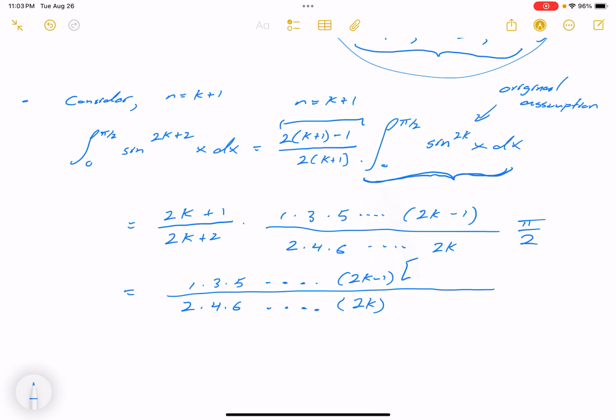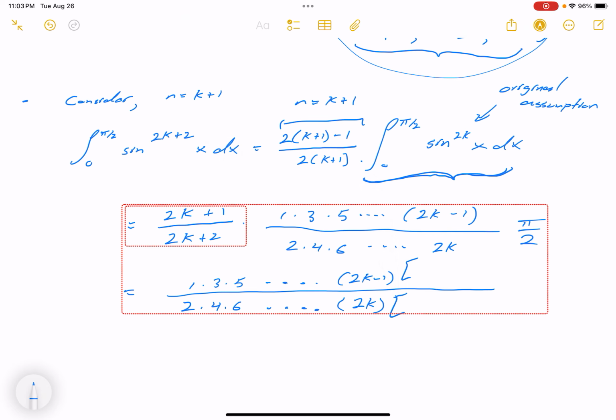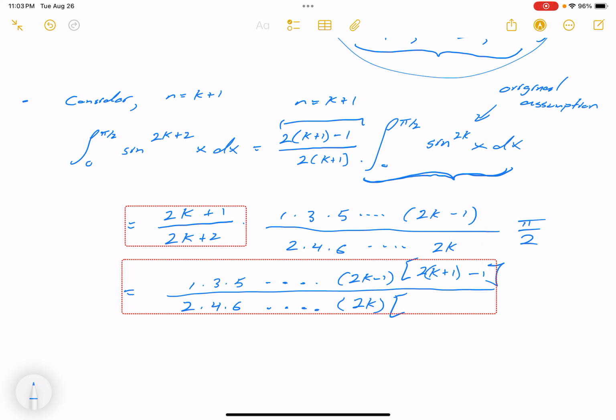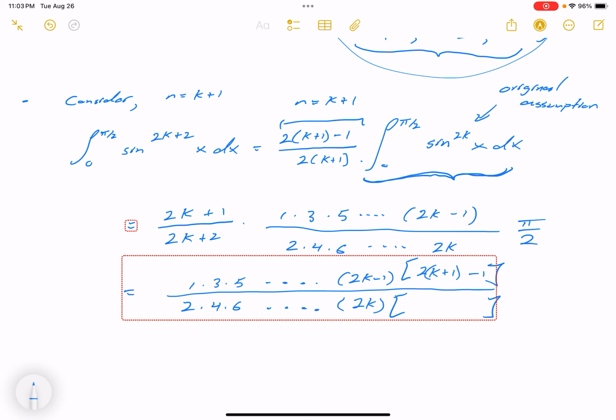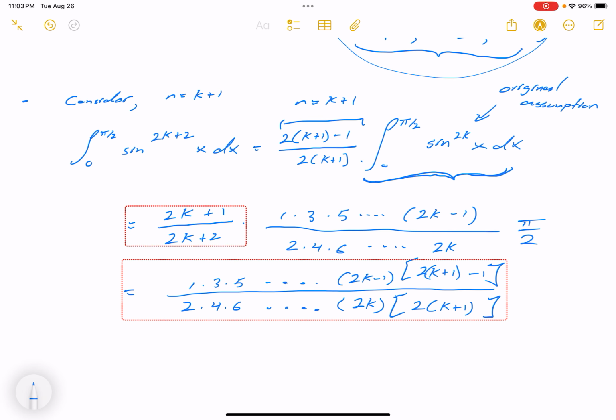And then in brackets, multiplying the numerator across, we have 2 times (k plus 1) minus 1, and in the denominator we have 2 times (k plus 1). So this is basically just this. That is why I want you to multiply it like that, because it's actually easier to see. I'll show you in a minute.